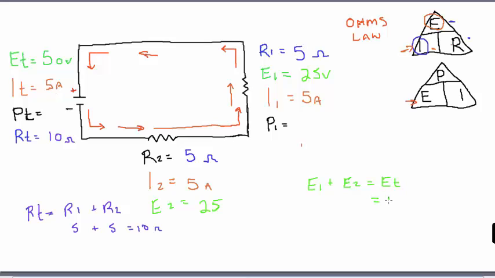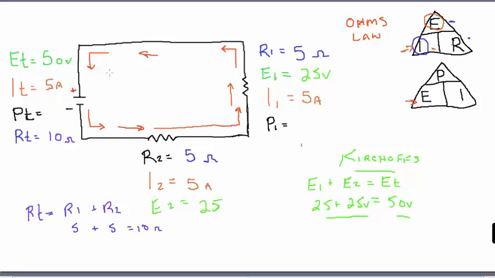So my total voltage in the circuit is 50 volts, and I have 25 volts at E2 and 25 volts at E1. So I have 50 here and I have 50 here. So Kirchhoff's law has been satisfied. It's true.